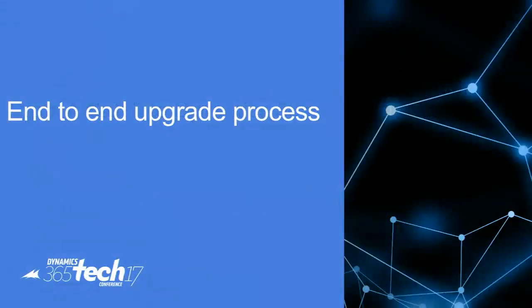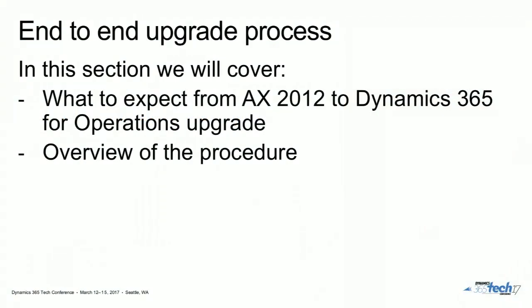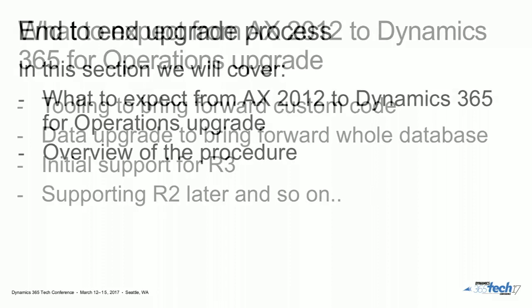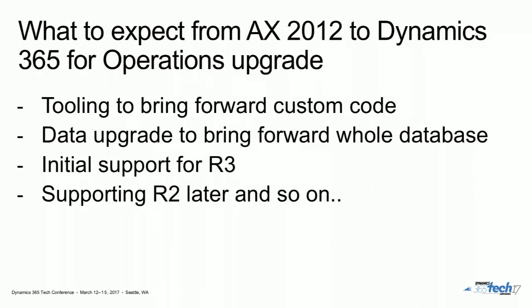So, what to expect from AX 2012 to Dynamics 365 for operations upgrade? I'll give you a little overview of what it is to start with, as I think it's completely fresh. So there's a tool to bring forward your code. If you've seen Dynamics 365 for operations at all, you'll know that the way that we store source code is completely different now.